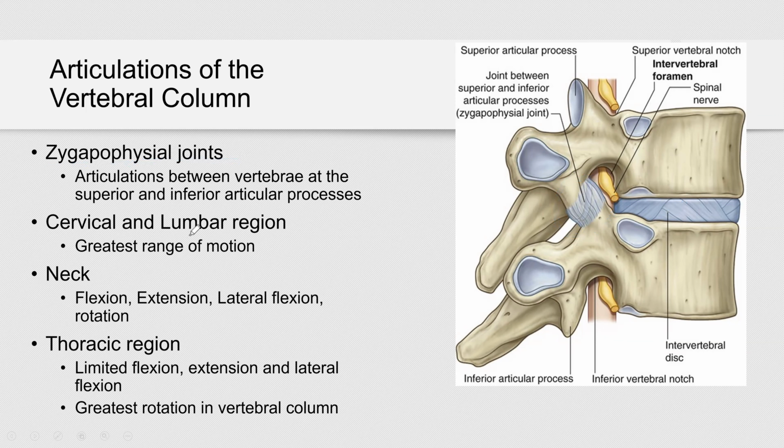In the cervical and lumbar regions, we have the greatest range of movement. In the neck, this joint allows for flexion, extension, lateral flexion, and rotation of your vertebral column. In the thoracic region, we have the same movements, flexion, extension, lateral flexion, but those movements are more limited compared to the neck region. But at the same time, in the thoracic region, you have the greatest rotation of the vertebral column.